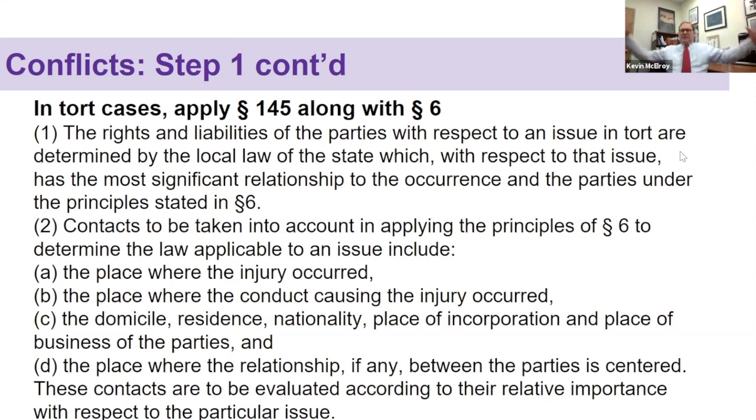So 6 is like this big umbrella thing. 145 is the particulars for a tort, because what we're trying to figure out is which state's substantive law we are going to use. The state that has the most significant relationship to the occurrence, that's the one we're going to use. Okay, and these are the things we look at. We look at 6, but we also look at 145 2A.